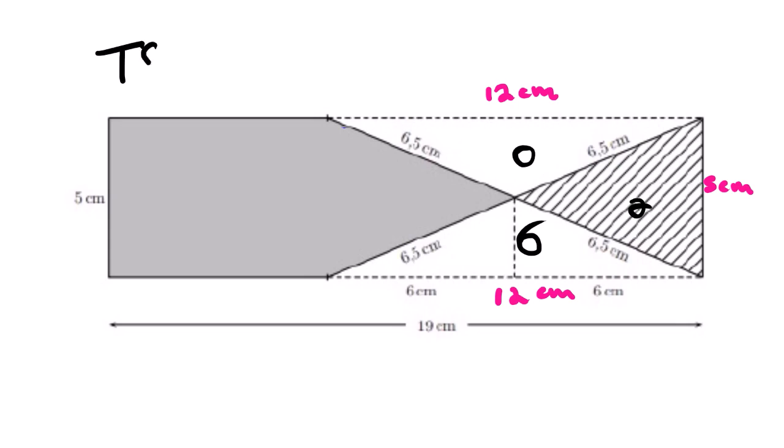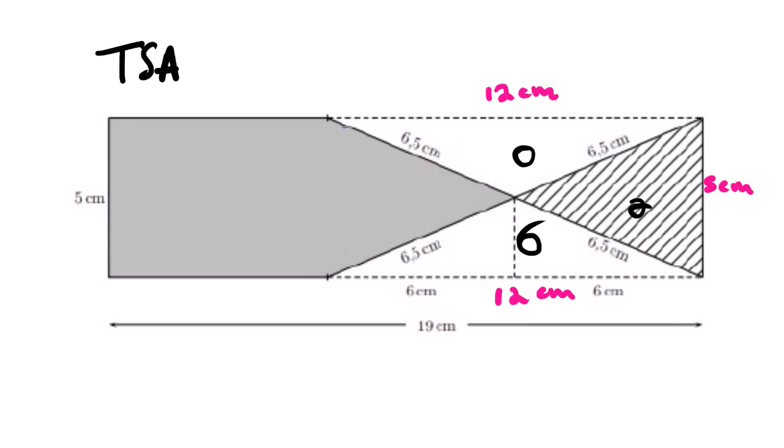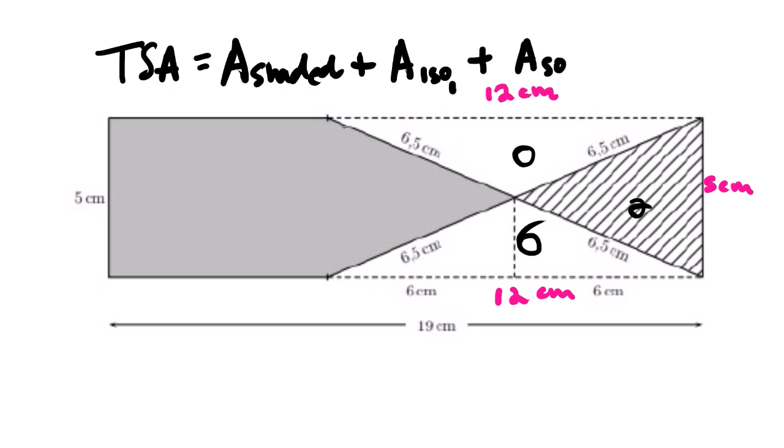You can say total surface area, which is the area of the whole shape, equals the area of the shaded plus the area of the first isosceles, plus the second isosceles, which is this one, plus the area of this one.